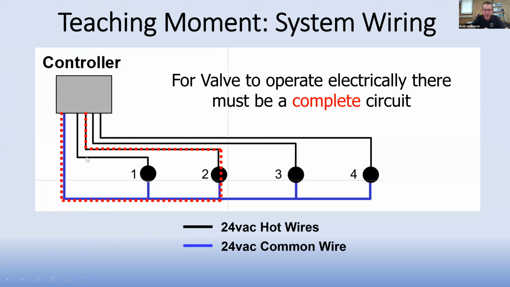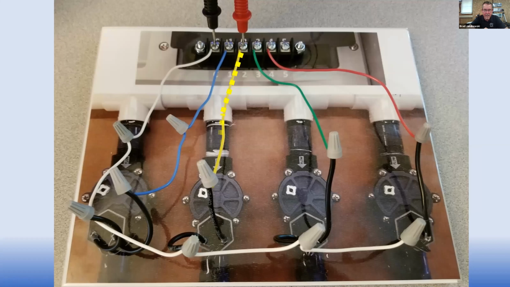Okay. And so that would look like, let's say this one here, station 2. We've got 24 volts AC traveling to the solenoid, down through the windings of the solenoid. It energizes the plunger, if it's working correctly, up and out and back down along the common wire, the return wire here.